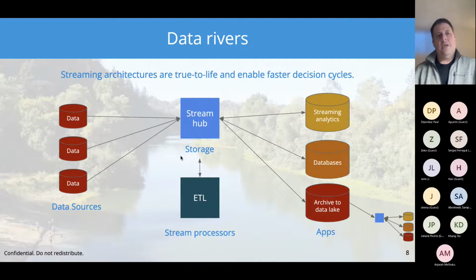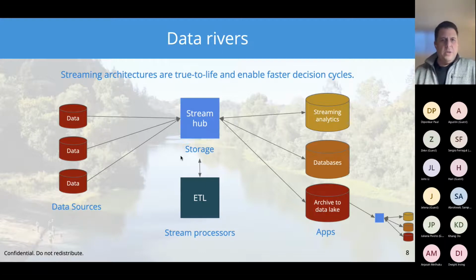This is where Kafka came out. Now what we started to do is move data from the producers and connect them directly up to these stream hubs. But we still needed ETL, so we needed the ability to take data, obfuscate it, enrich it, and hydrate it.